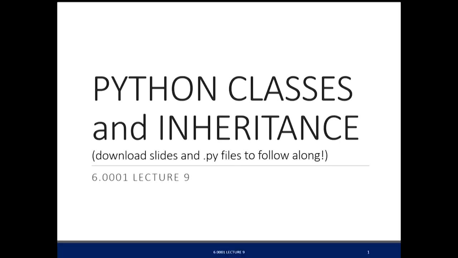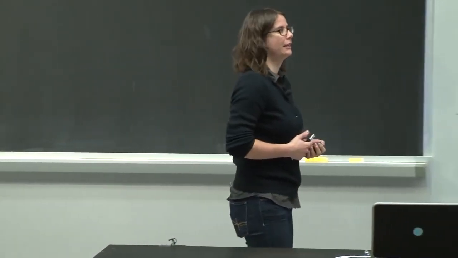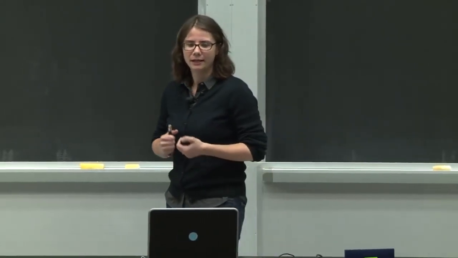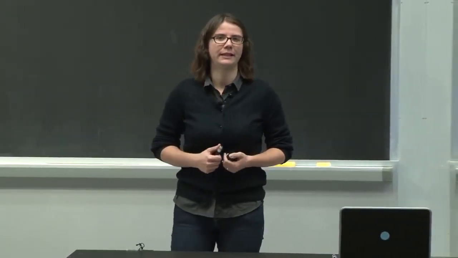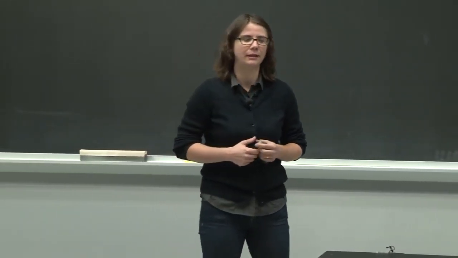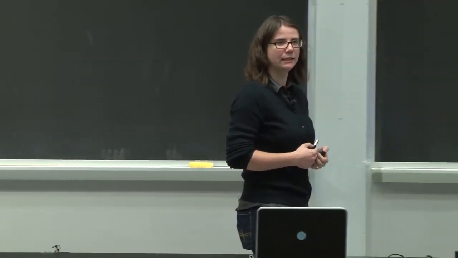All right, everyone, let's get started. Today is going to be the second lecture on object-oriented programming. Just a quick recap of last time. On Monday, we were introduced to this idea of object-oriented programming, and we saw these things called abstract data types. These abstract data types we implemented through Python classes.